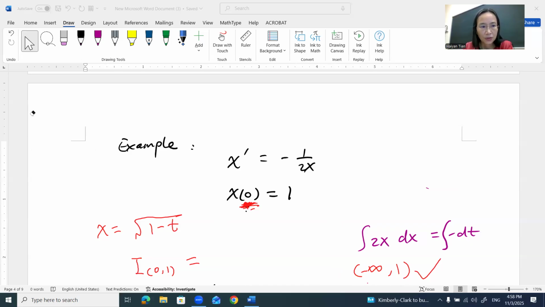So we're going to write it as negative infinity up to 1. That's the interval. So yeah, we just learned a concept: the solution can exist on the largest possible interval, and that interval will be called the maximum interval of existence.